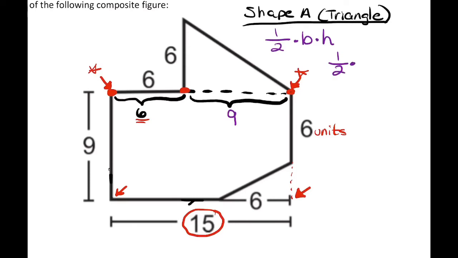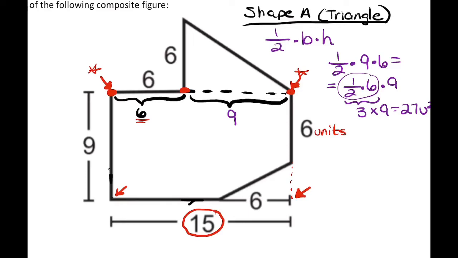So we're going to do 1/2 times 9 times 6, and that's going to be the area of that triangle, of shape A at least. And so for shape A, I'm going to do 1/2 times 6 times 9 just to make it easy. 1/2 times 6 is 3, and then 3 times 9 is 27. And I'm just going to put U for units, so 27 square units.